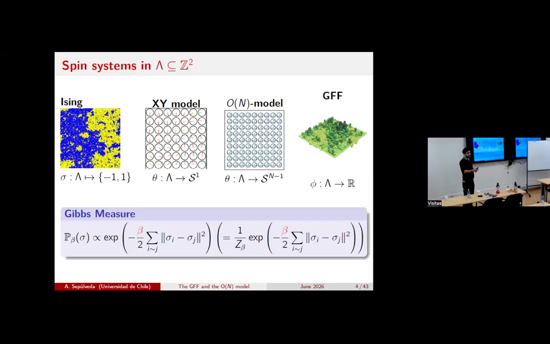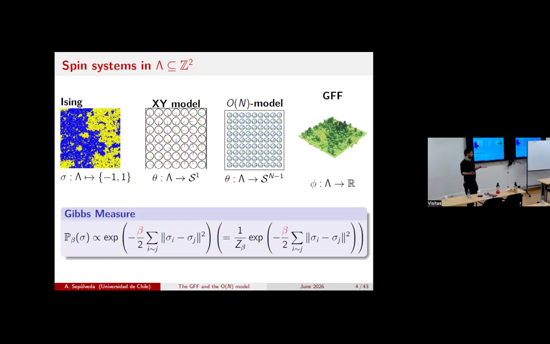They could take values plus or minus 1, so to a vertex you associate a value plus or minus 1. For those of you who were at the last talk, the Ising model already appeared there. It can also take values in the circle, which will be important. It can take values on the sphere of dimension n, S^{n-1}. Or it can take values in the real numbers.